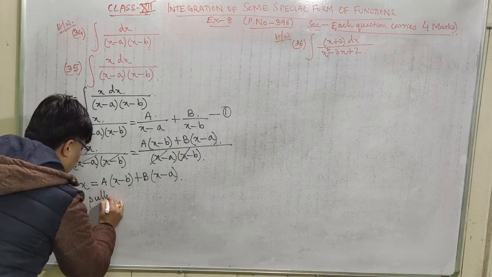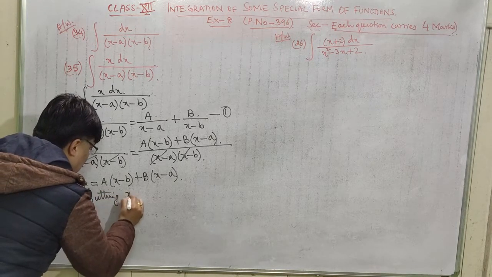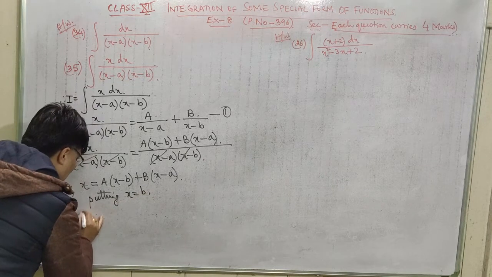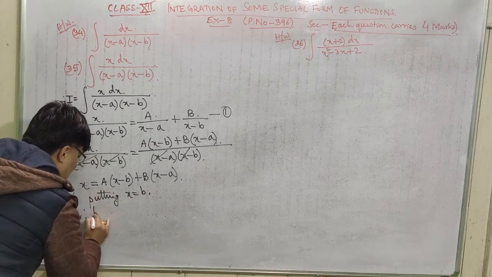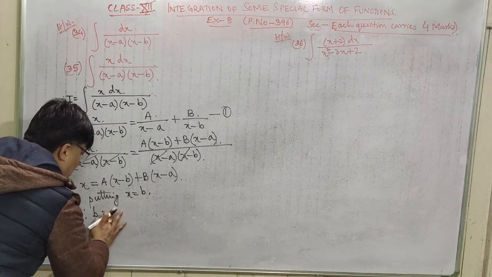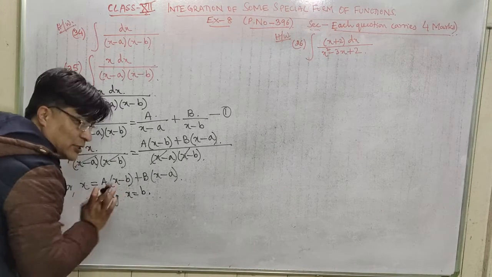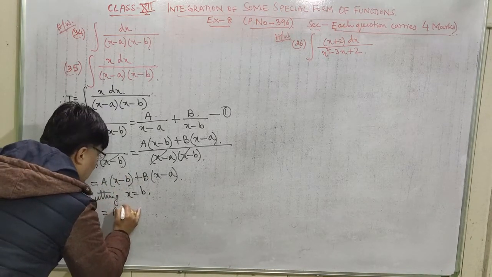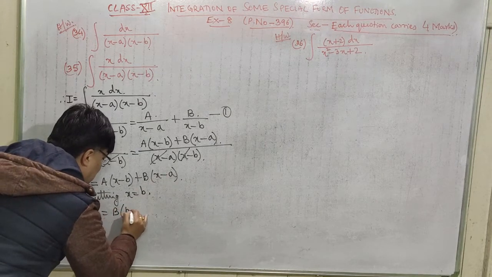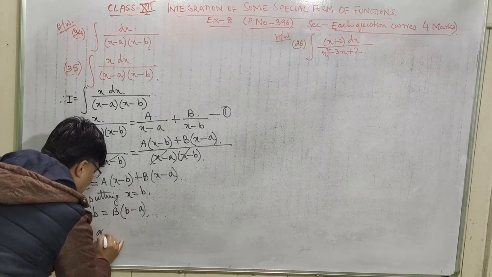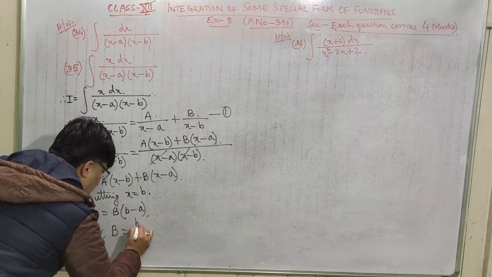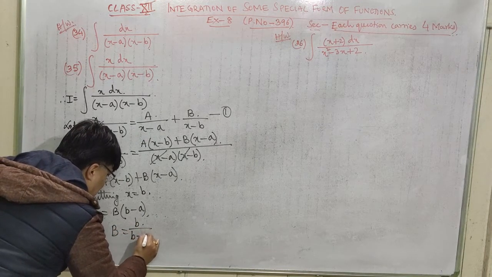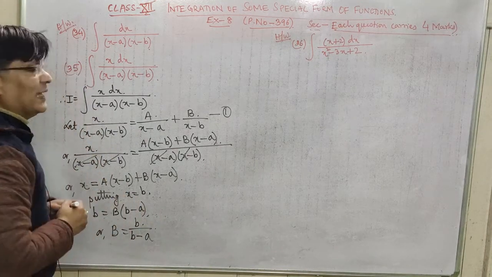So putting here x is equal to b, what do we get? Instead of x you should write b, and this first term will be b minus b is 0, that is, the first term vanishes. So capital B into small b minus small a, or what is the value for capital B now? Small b divided by small b minus small a.